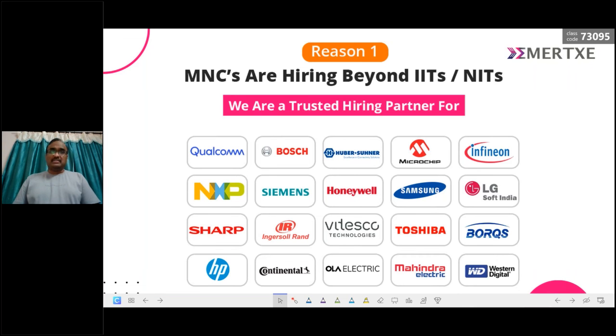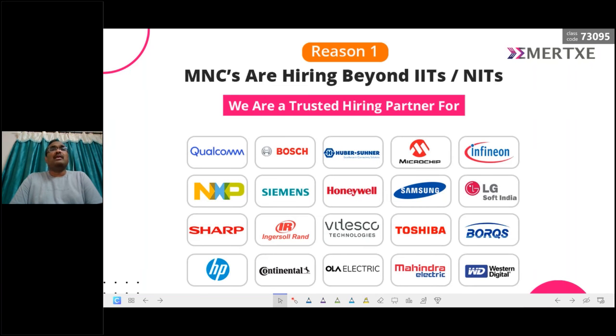The first trend we are seeing is that MNCs, the companies which have worldwide operations, and also India-specific companies like Mahindra Electric or Ola Electric, these types of organizations are looking to hire engineers who are beyond IITs and NITs. If we go back a few years and check, I myself come from HP, Mubin comes from HP.